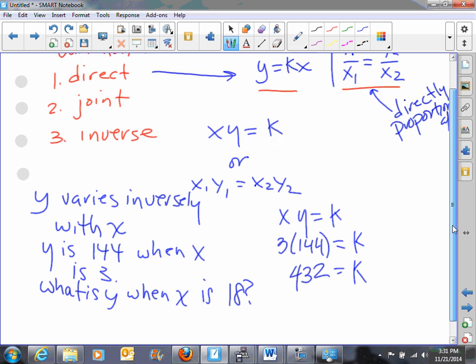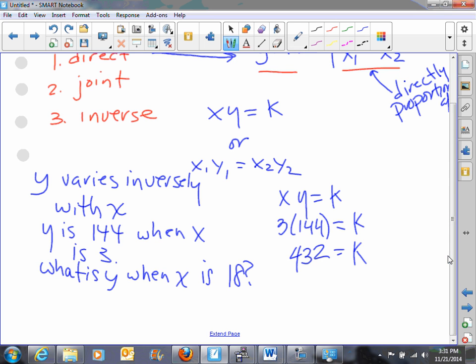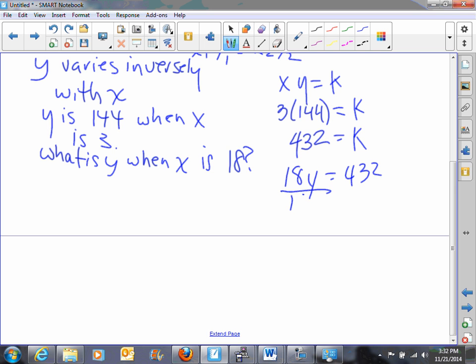Now, what is y when x is 18? So now we're going to say 18y equals 432. And all we have to do is divide both sides by 18, and that'll tell us what y is. Now, I don't really know what that is. Let's see if we can figure it out. 18 is going to 43 probably 2 times. 2 times 18 is 36.